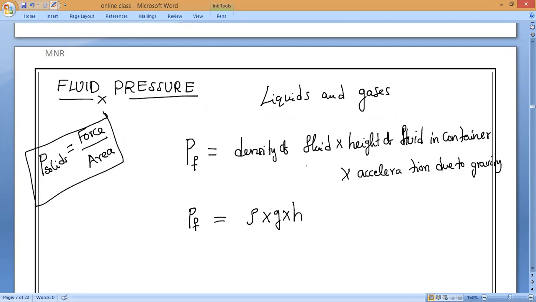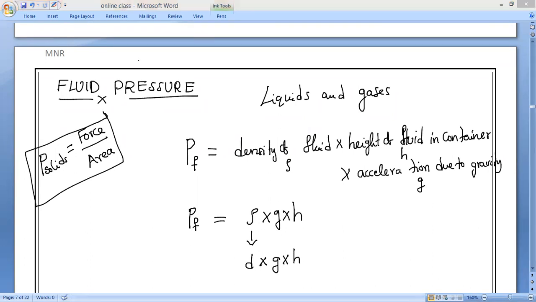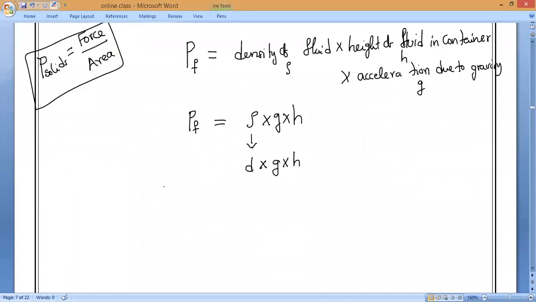Of course, I have changed the order here, so you can write rho h g or rho g h. Rho we can also represent with d: density into acceleration due to gravity into height. Any doubt in this?